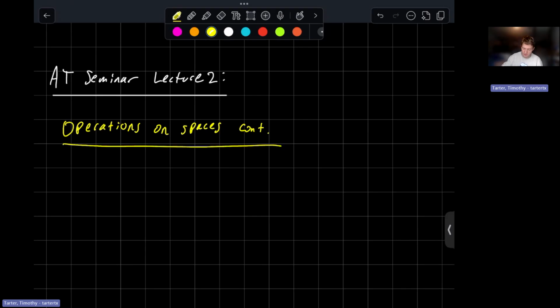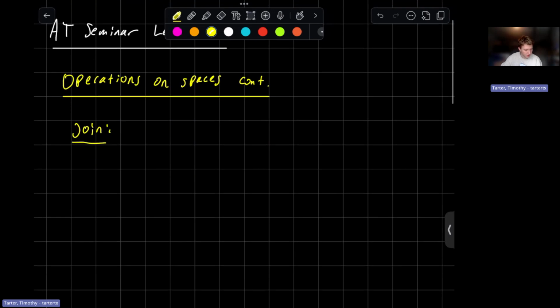So the join. The cone CX is the union of all line segments joining points of X to an external vertex. Similarly, the suspension is the union of all line segments joining points of X to two external vertices.